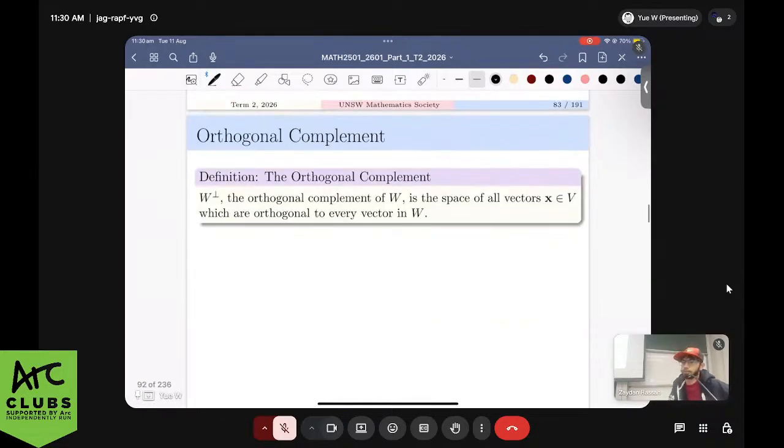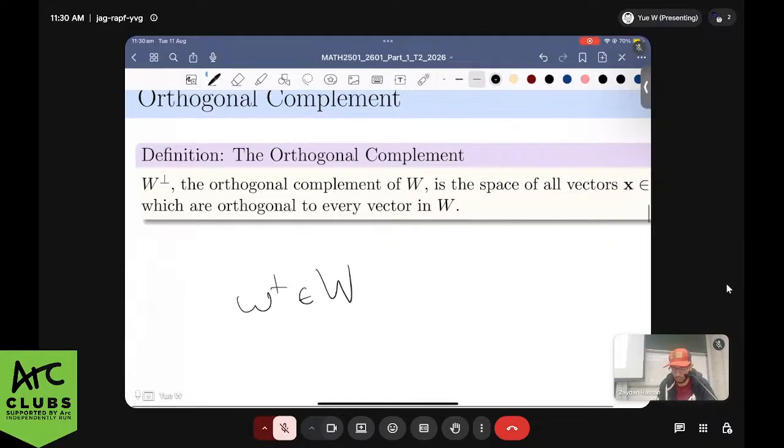Okay, orthogonal complement. I already mentioned complements, but the orthogonal complement is a special type of complement. It's where everything in W perp is orthogonal to everything in W. So the inner product of a vector in W perp with any w in W should be 0.